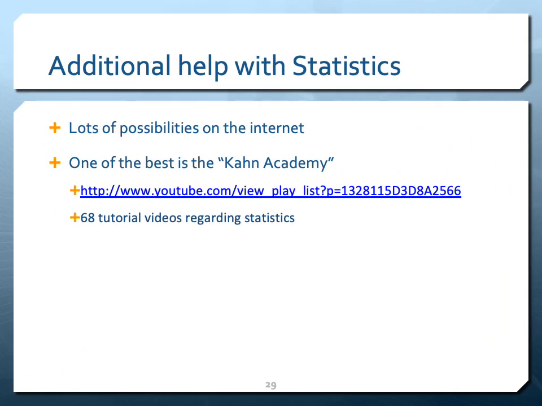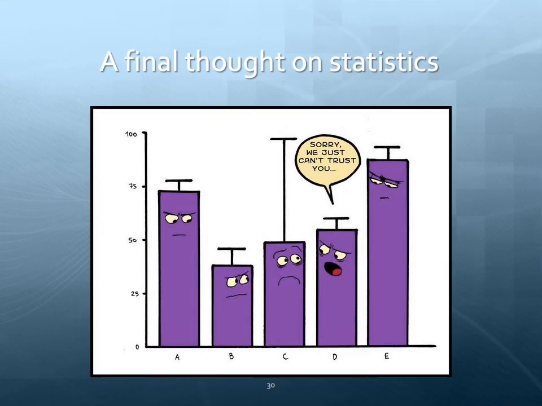If you're curious about it, there's lots of information on the internet, different things that you can watch. The Khan Academy has some terrific information, and there are lots of YouTube videos on understanding statistics, things for you to look at, okay? You can explore this.